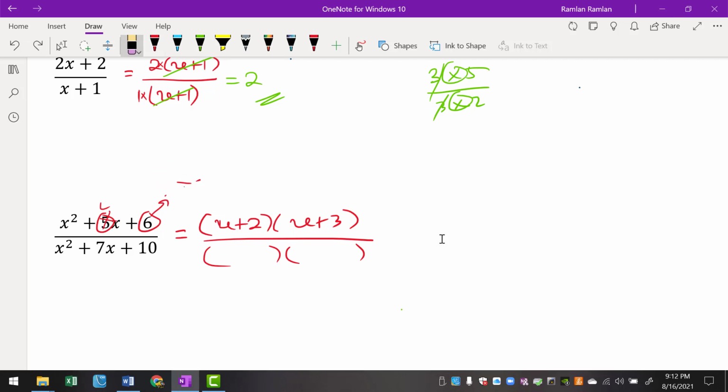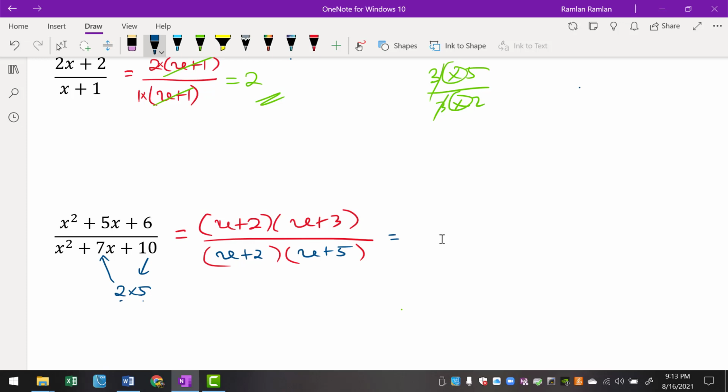Okay, the same thing for the denominator. Let's find out how we can factorize this expression. We get 10 from 2 times 5, and 2 plus 5 equals 7. Oh, it matches. So I can write this down as x plus 2 and x plus 5.